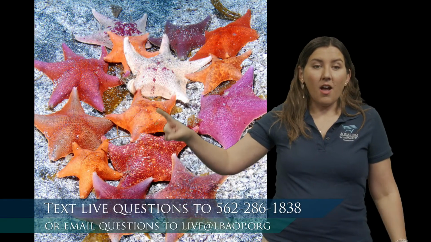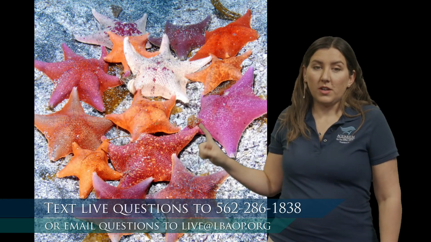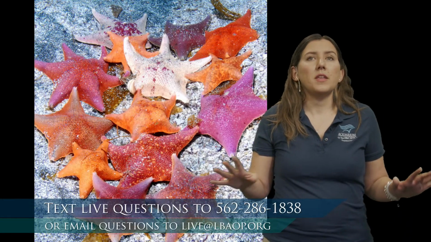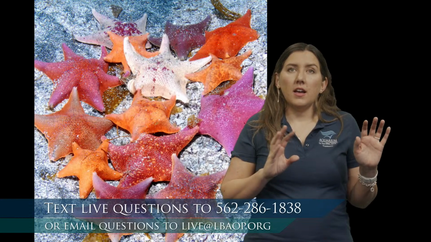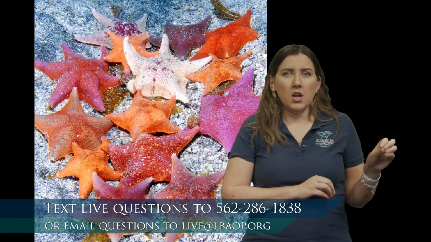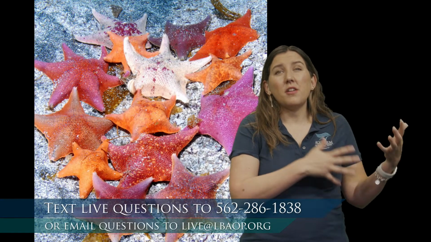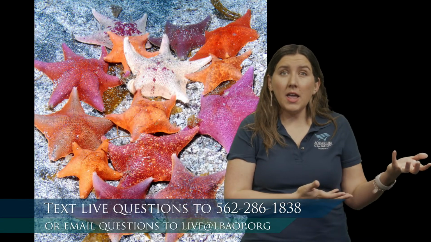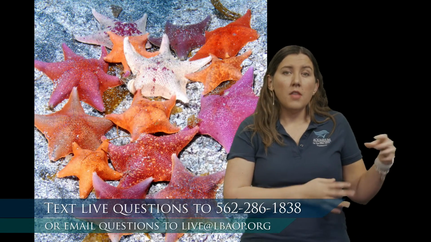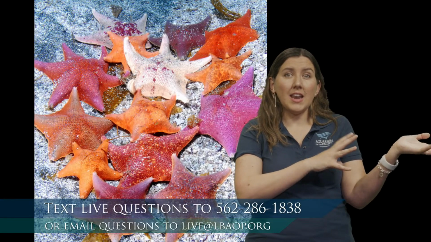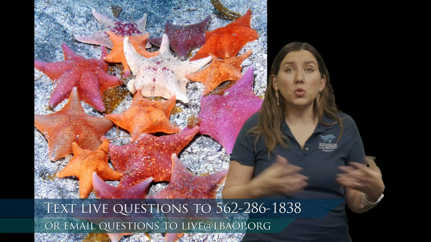Take a look at all of these beautiful, beautiful colors. Now, the tide pool that we saw, you might see, honestly, a lot of brown or gray because that's the color of the rocks. Those rocks might then be covered in algae, which is green.